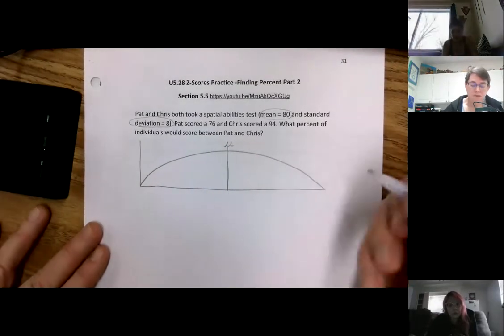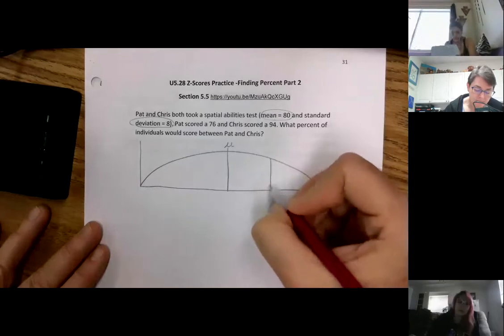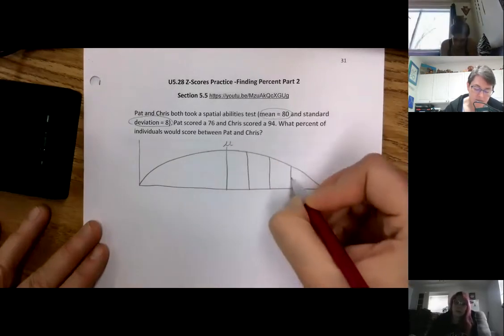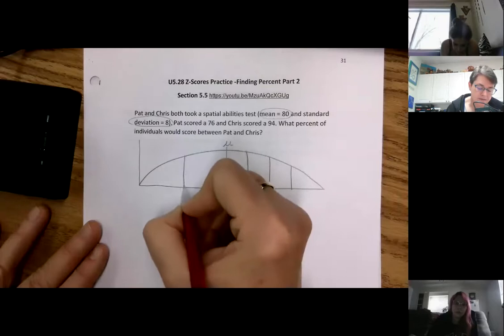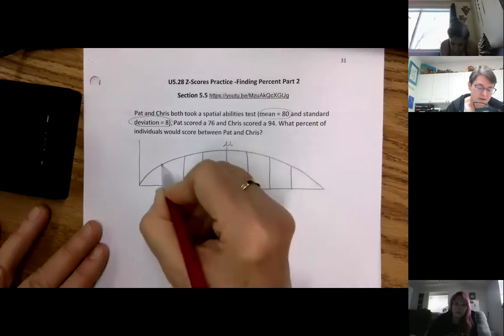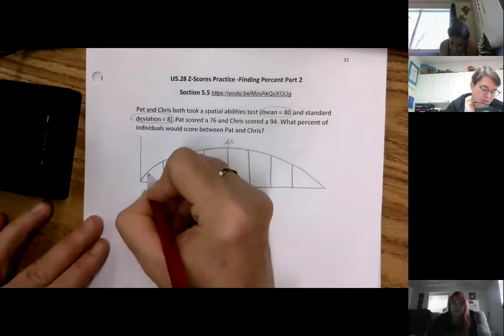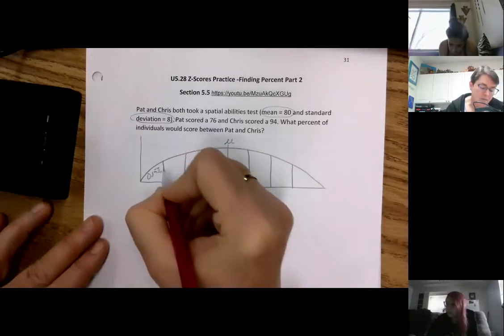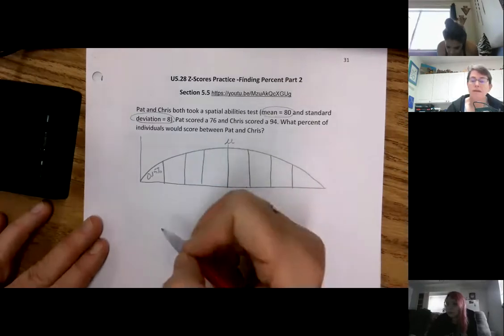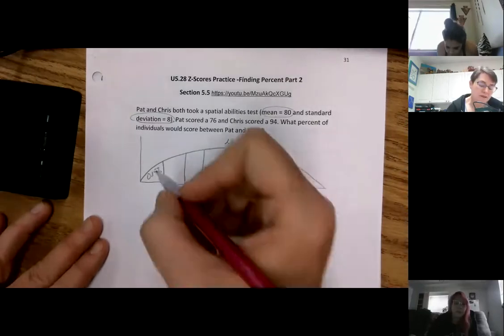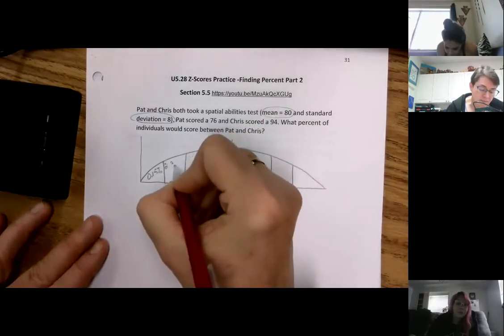So my mu goes in the middle. I'm going to divide this into 4 parts. Divide this into 4 parts. And might as well put in my percents. When you guys get your exam, you will get that sheet that's got the percent, so you don't have to memorize them.